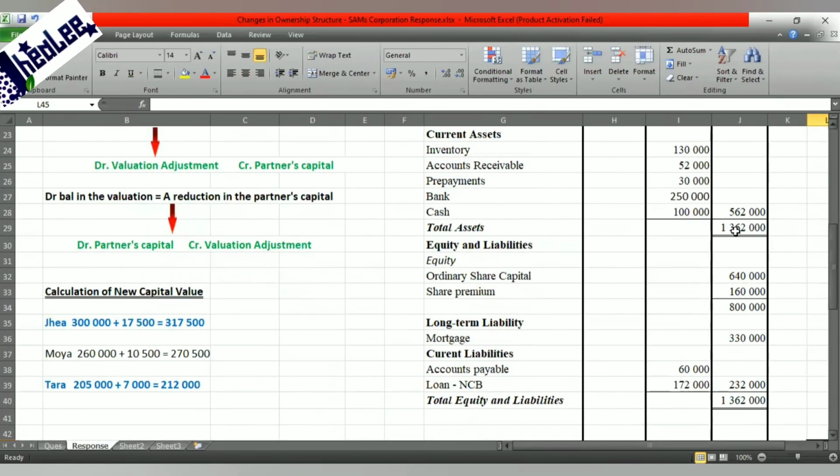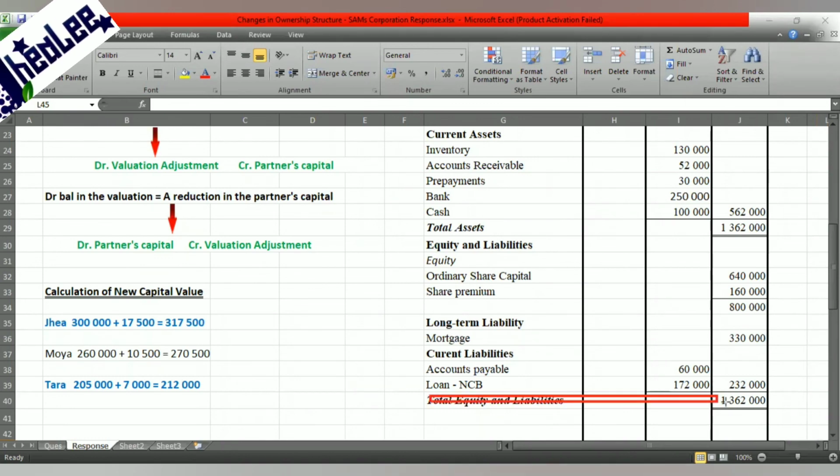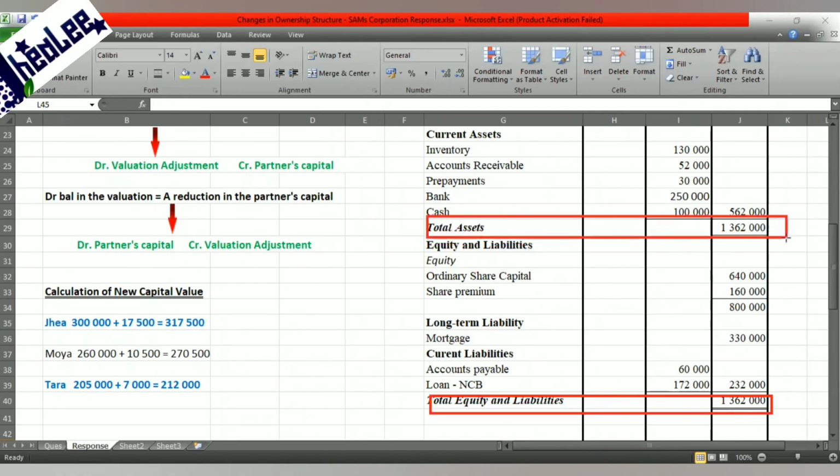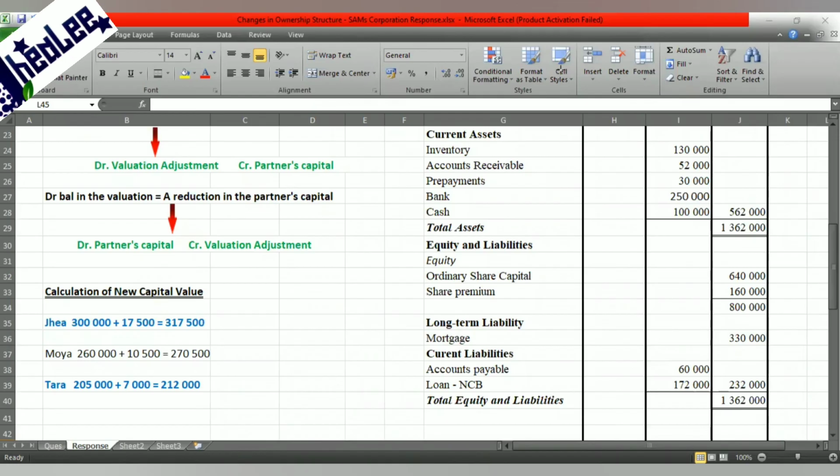And based on that, you're seeing that your total equity and liabilities of 1,362,000 is the same as your total assets of 1,362,000. Once your balance sheet is balanced, then of course you can say that you have successfully converted that unincorporated business into an incorporated business.